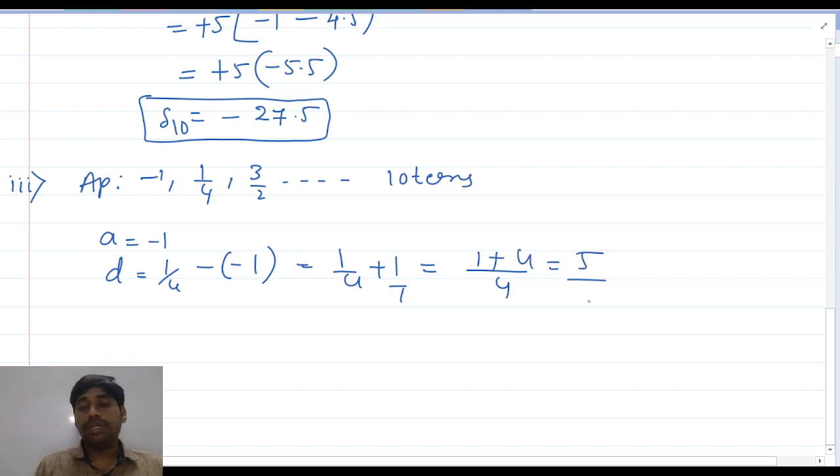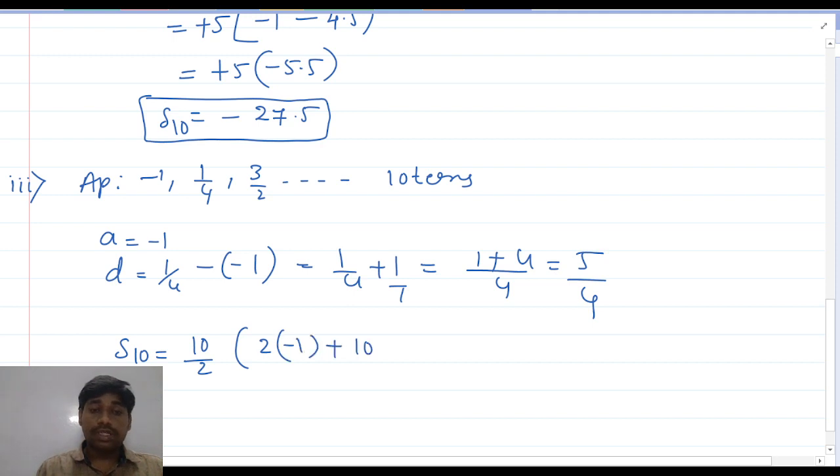Simply 5 by 4 is common difference. After knowing common difference, sum of 10 terms we have to calculate. 10 by 2 of 2A, 2 into minus 1 plus 10 minus 1 of 5 by 4. So it becomes a 5.